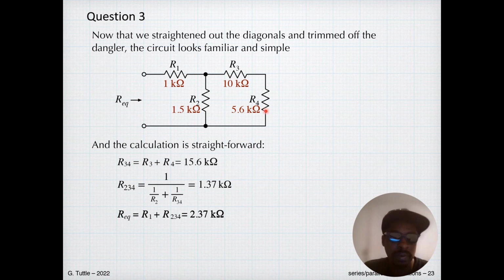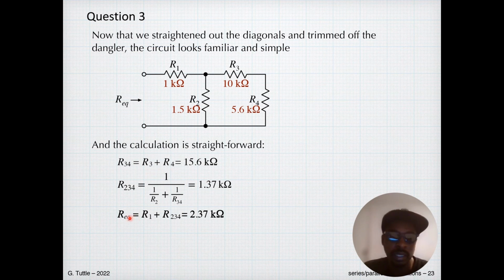We can simplify the question a little better so as to allow the resistances to be calculated. R3 and R4 can be simplified, and that works out in the series arrangement as 15.6. Series calculation: R3 plus R4.